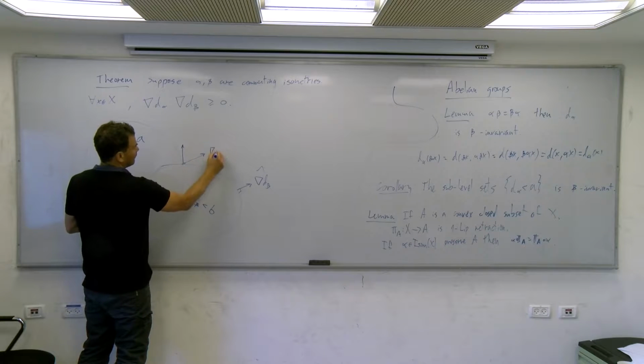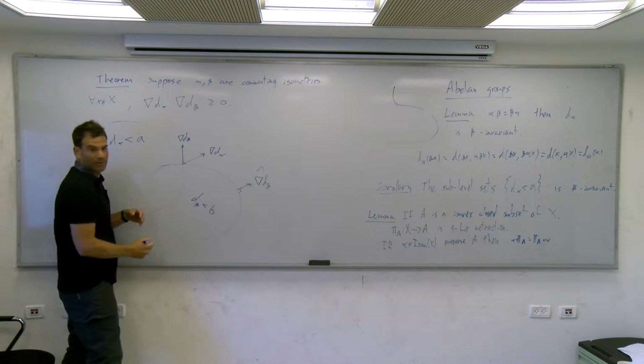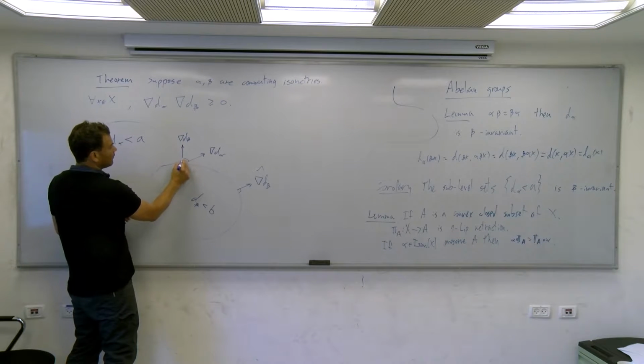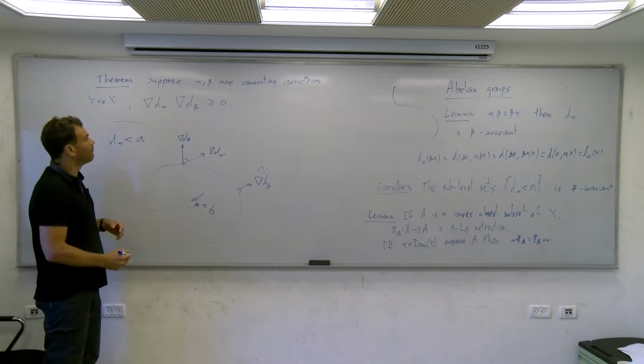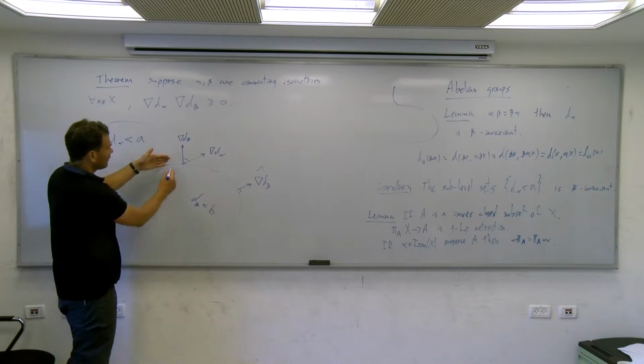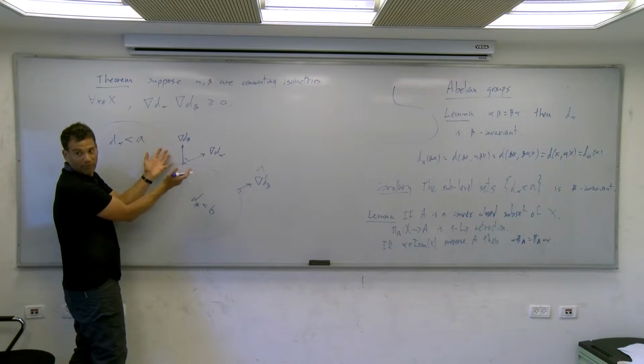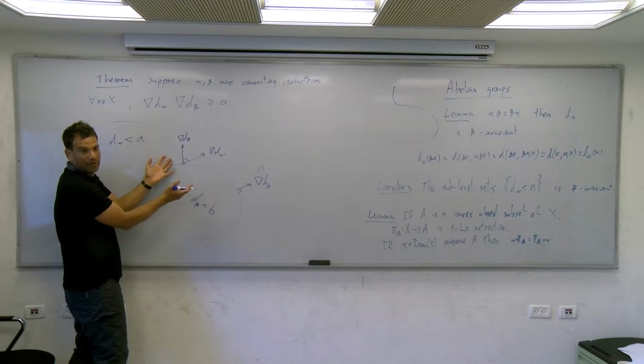This will be the gradient of d_alpha, and this will be the gradient of d_beta. To say that the inner product is non-negative implies that the angle between these two boundaries is not too sharp, is at least pi over 2.